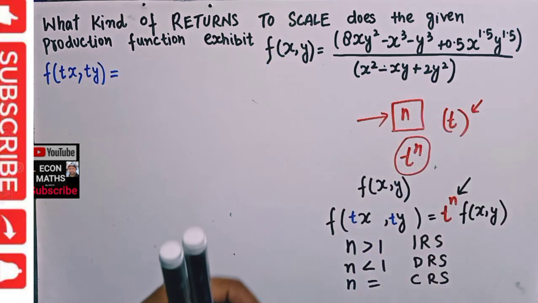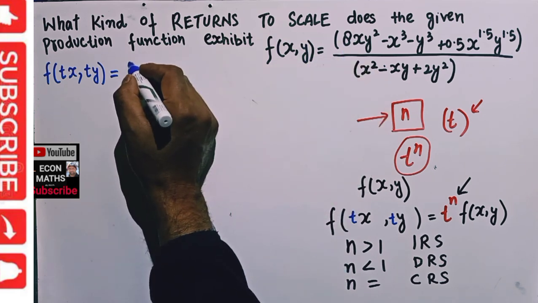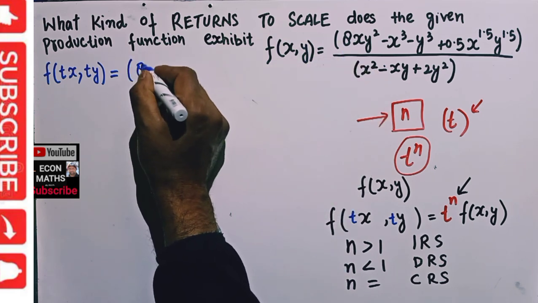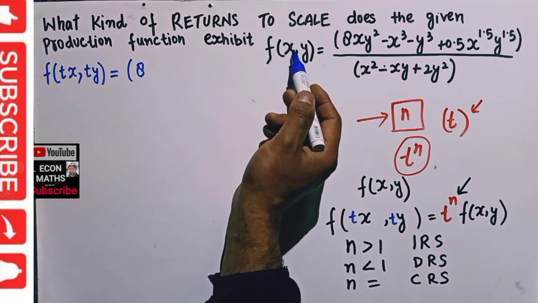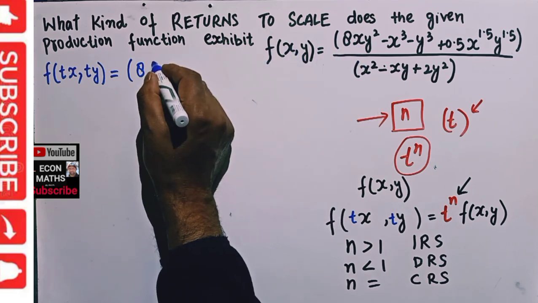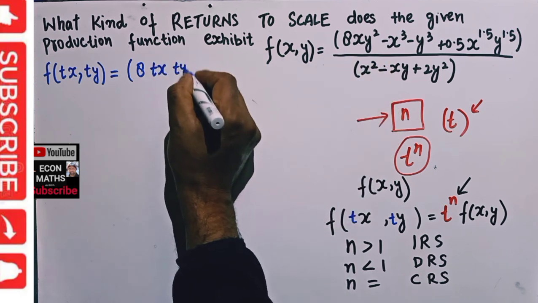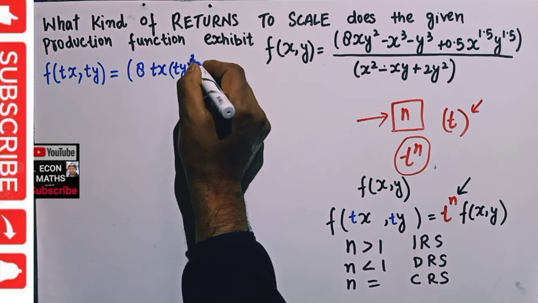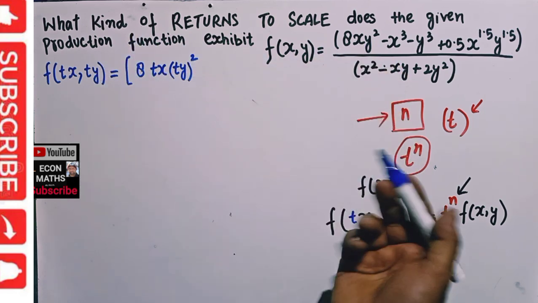When each input is increased by a factor t, we will have here 8, since x is increased by a factor t, so here we will have tx, then ty squared. This is the first term only, we are multiplying each input by t.